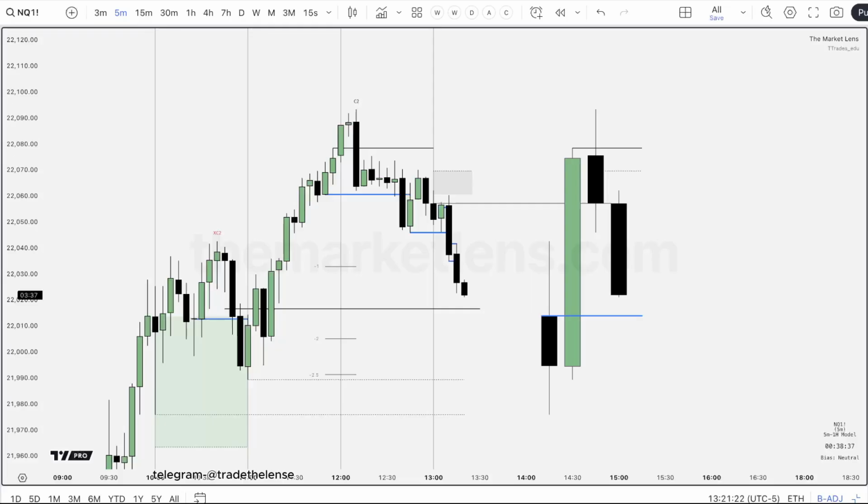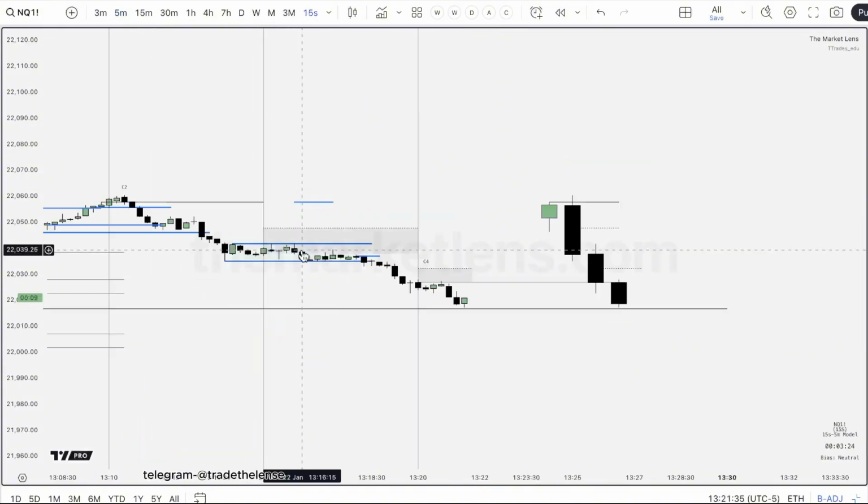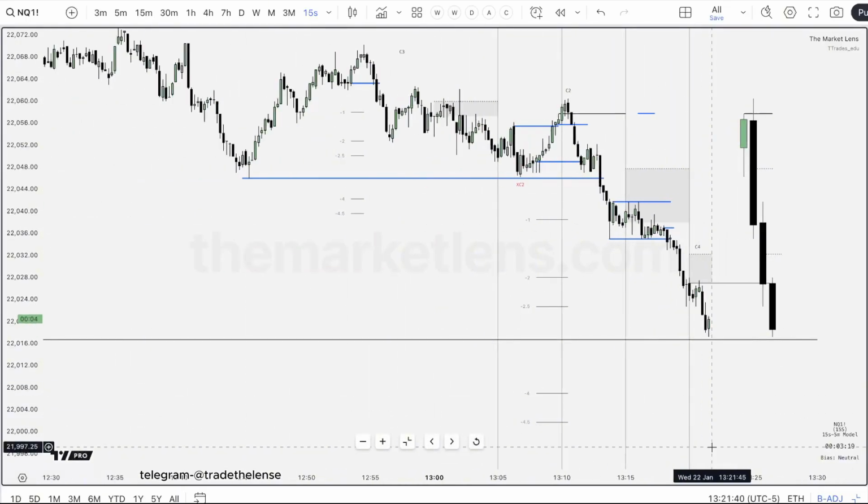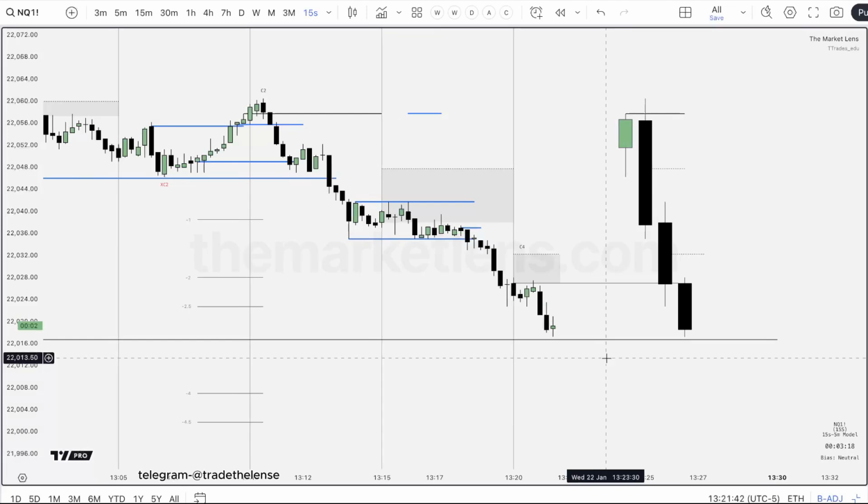Wasn't that unicorn model? I don't use the unicorn model. But also there's no breaker in here at all. But this is the target I was looking for. So a little waterfall.